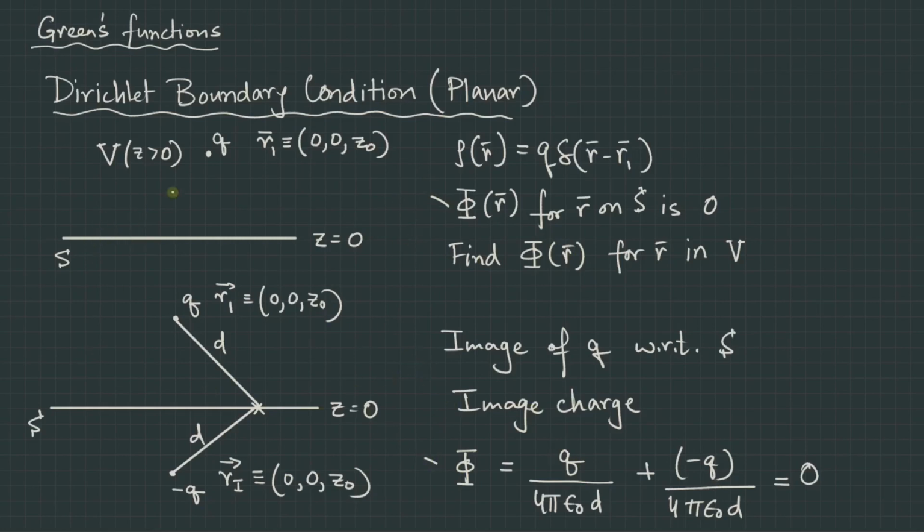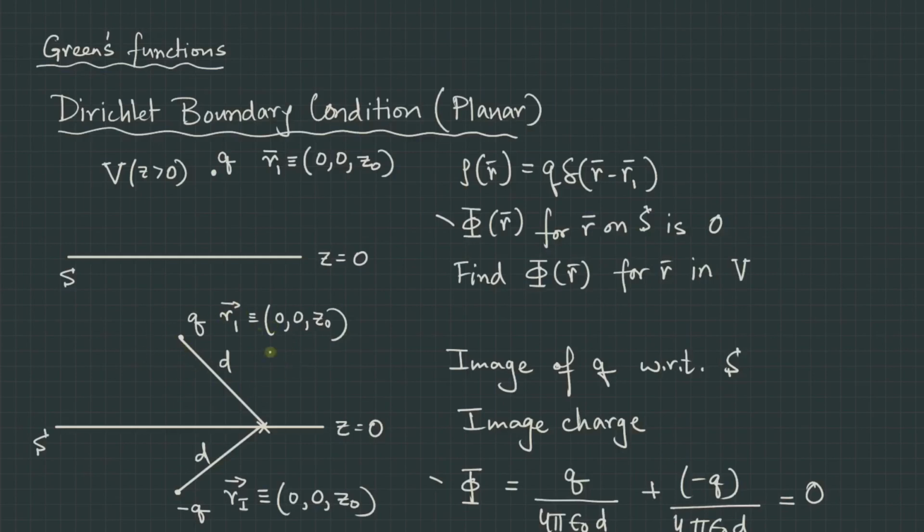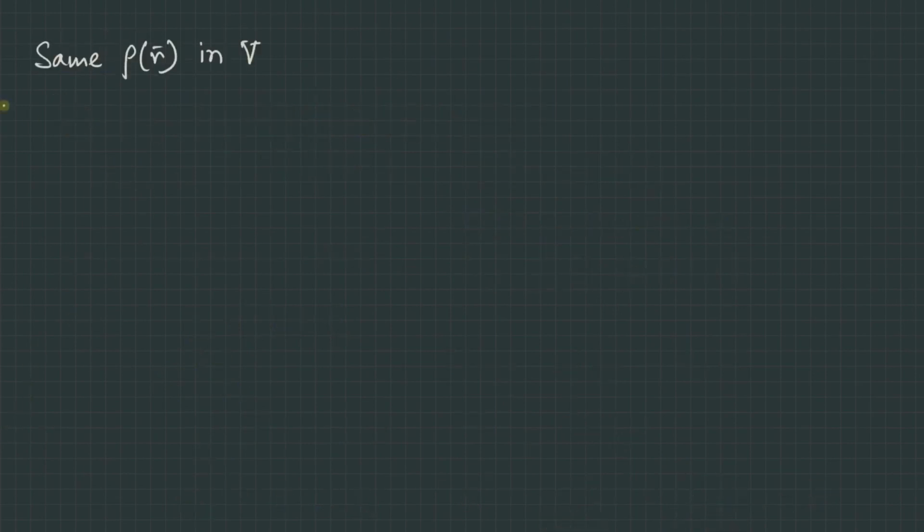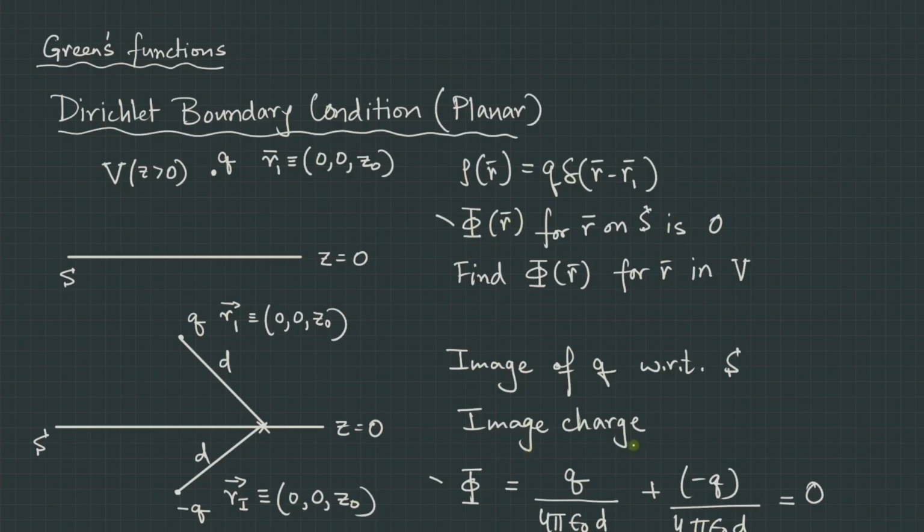Hence, these two problems are similar because they have the same charge density in the volume V. As you can see, here also the charge density is the same due to one single point charge at the same position. We also have the same boundary condition, because in both the cases the potential at z equal to 0 is 0.